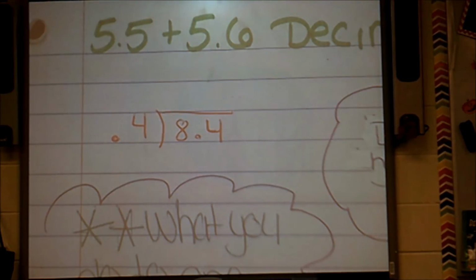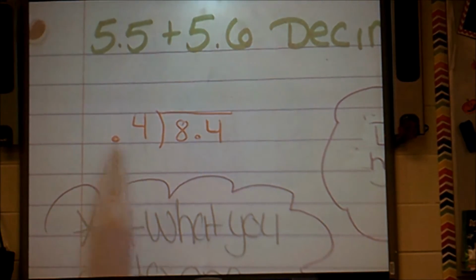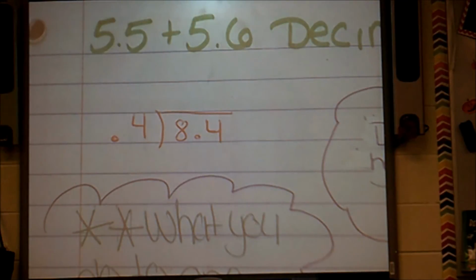As I said, that 4/10, my divisor, cannot remain like that. I have to do something in order to get rid of it. Luckily for me, I know about multiplying by tens in order to get rid of decimals, right?